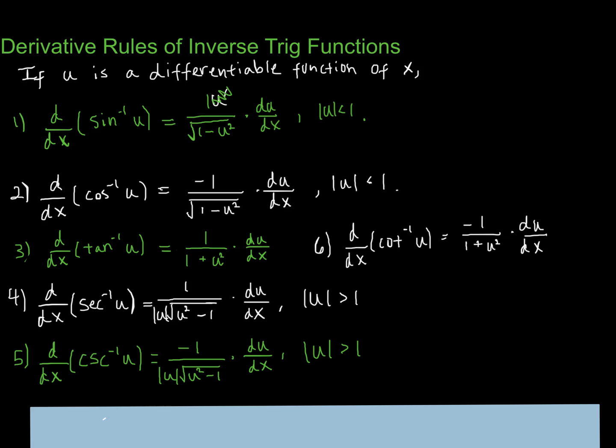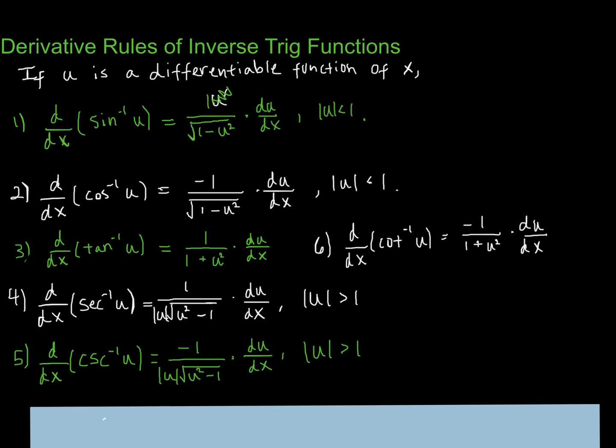But notice, just as inverse sine of u and inverse cosine of u were opposites of one another, inverse secant of u and inverse cosecant of u have derivatives that are also the opposite of one another. The way I remember it is that inverse sine starts with s, inverse secant also starts with s, and so both of their derivatives do not have a negative.